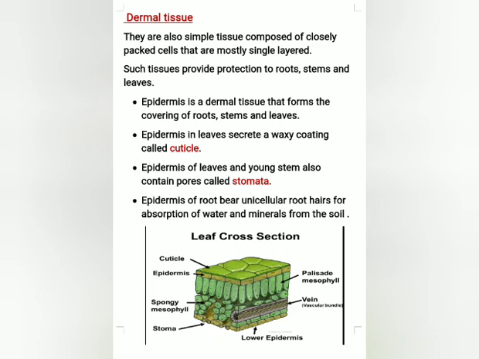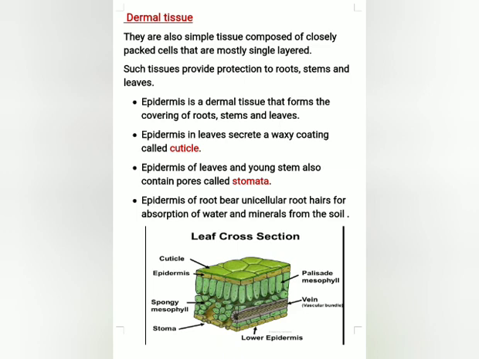One more type of simple tissue about which I want to tell is the dermal tissue. They are composed of closely packed cells that are mostly single layered. They provide protection to roots, stems, and leaves. Epidermis is a dermal tissue that forms the covering of roots, stems, and leaves.